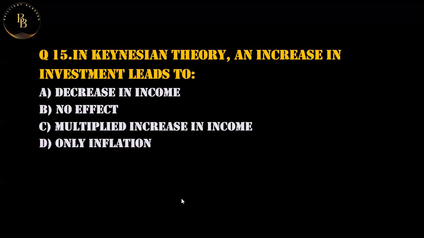So Keynesian theory says it is a multiplied increase in income, known as the investment multiplier. Each rupee invested circulates through consumption, raising the total income.